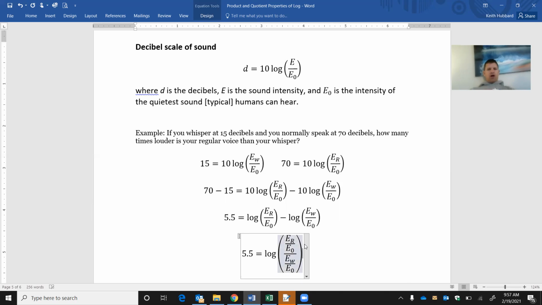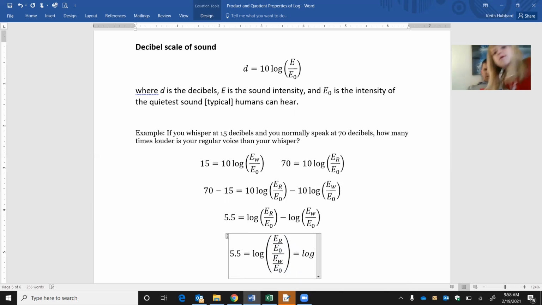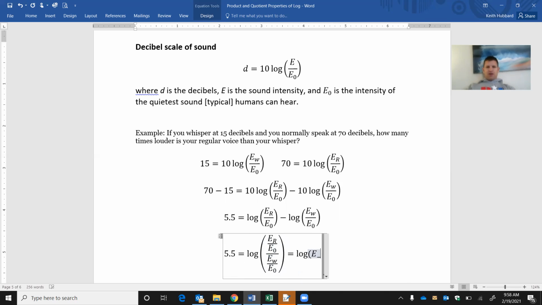Okay, so well, what do you do with that? If you have a fraction within a fraction, you know that you can always simplify it, right? So let's see, what is that? It's ER over EW. Remember, that's the ratio that I'm actually interested in. I'm interested in what that ratio equals.